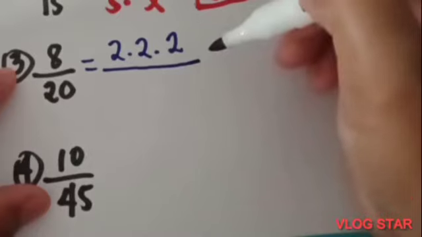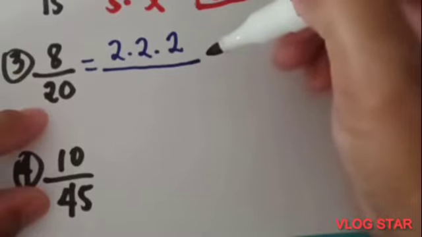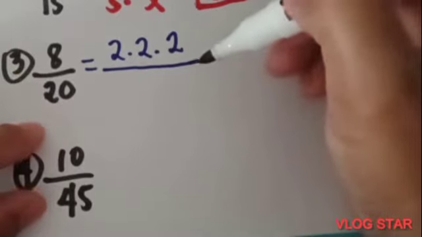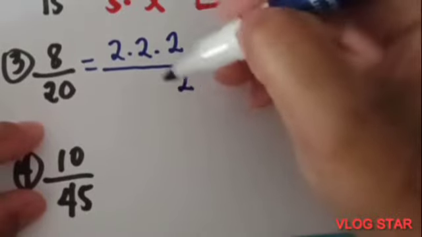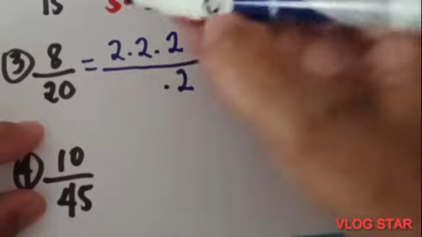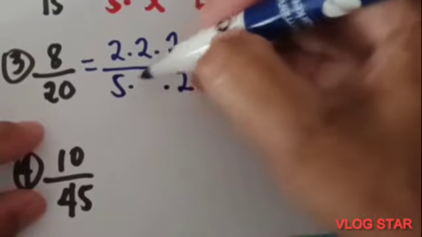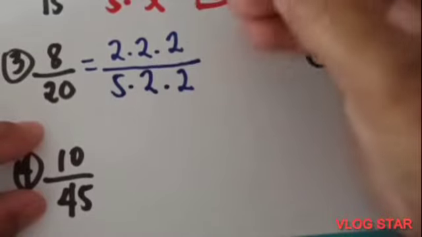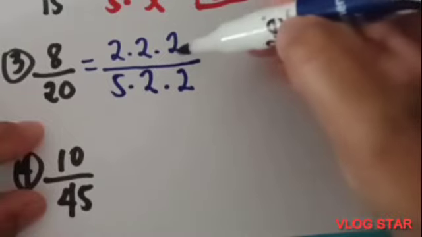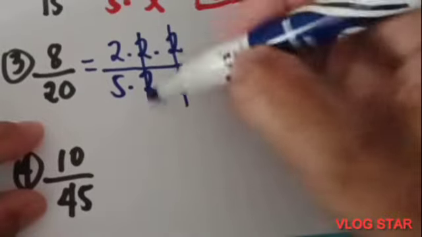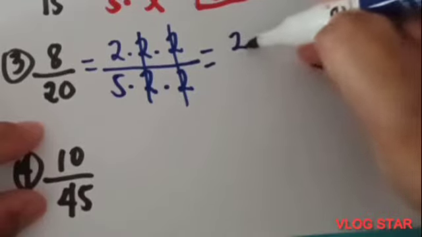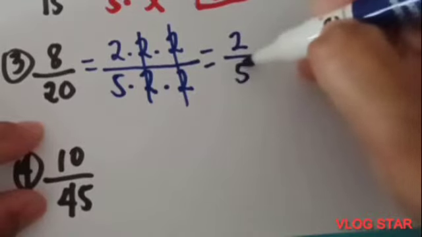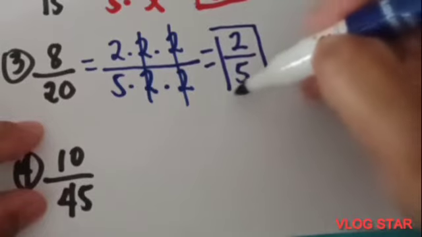Yung 20, ang factor natin is 10 and 2. So, ang 10 ay pwede pa rin nating basagin. So, 5 and 2. So, cancel ang 2 and 2. 2 and 2. So, ang natira natin is 2/5. So, yan ang tamang sagot.